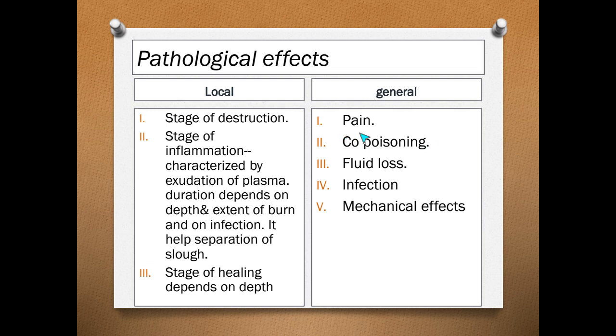And then you have the carbon monoxide poisoning, fluid loss, infection, and the mechanical effects. These pathological effects of the burn are very important aspects which we need to address when dealing with burn management.